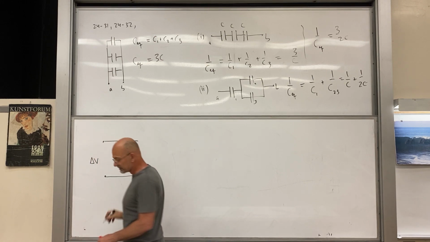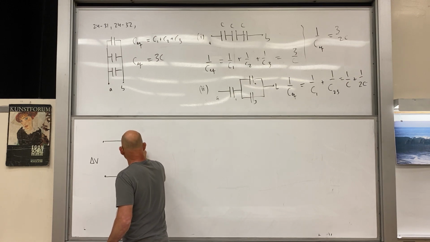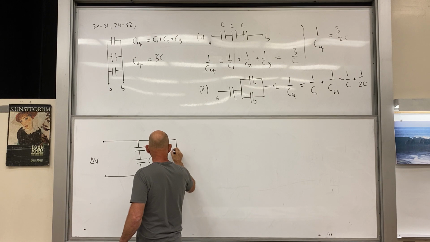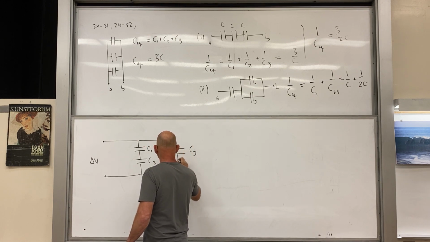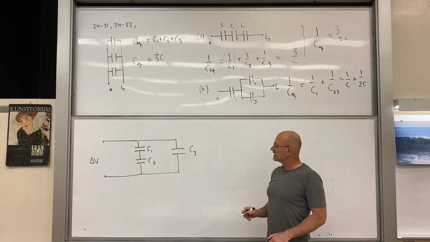And then what do we have? So this is C1, C2, and then we've got a third capacitor out here, C3. So you want to be able to find the equivalent capacitance.